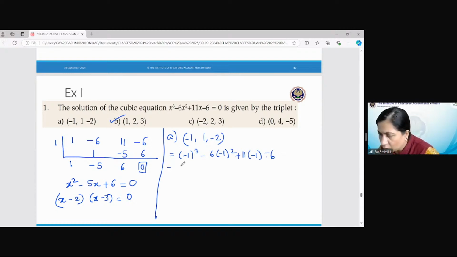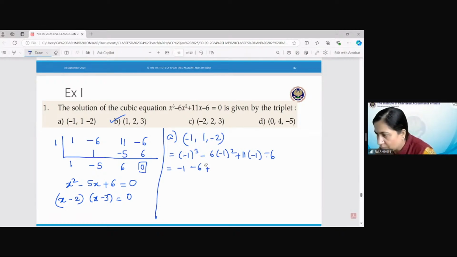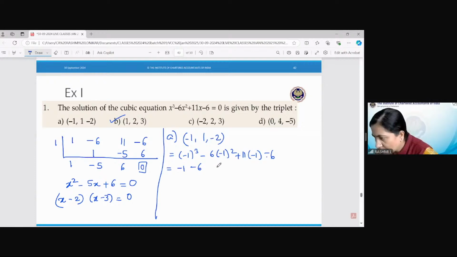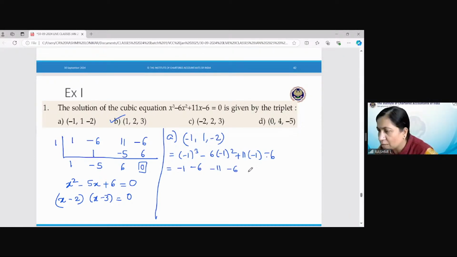Now this will be -1 minus 6, no, this is minus 11. This will be equal to minus 11 and minus 6. So obviously this is not equal to 0. So A is not an option.